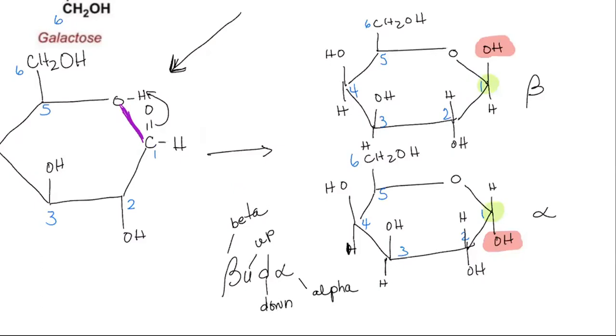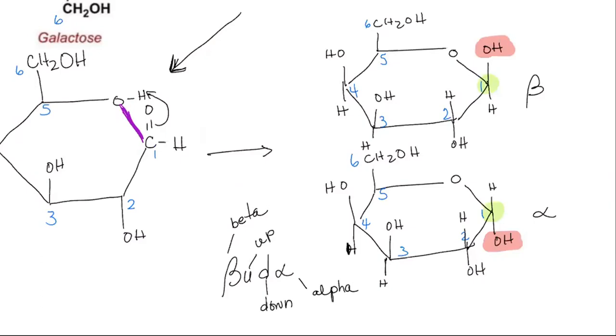So if I was given a Haworth projection, I will look at carbon number 1 and look at the OH and be like, oh, OH is up, that's beta. Or, oh, carbon number 1, I can look at this and be like, oh, that's an alpha conformation. So if you remember BUDA, if you're given a Haworth, you will be able to determine if it's alpha or beta.